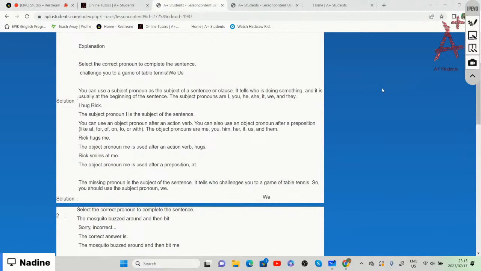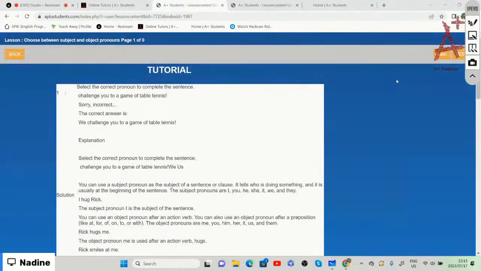Then we also have object pronouns, which we can use after an action verb or after a preposition. The prepositions are at, for, of, on, to, or with, and the object pronouns are me, you, him, her, it, us, and them.